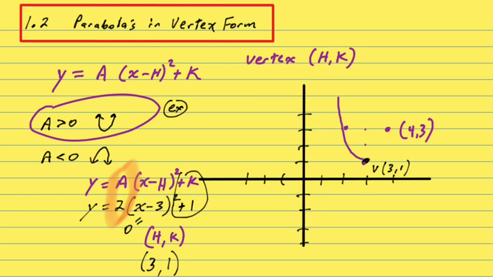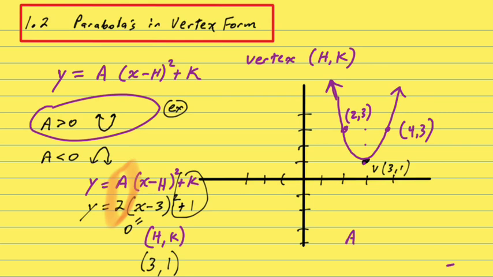So we'd have a parabola like this. I usually ask for the vertex and 2 symmetric points. If I went 1 to the left from 3, I would be at 2, and I would have the same y value, 3 here. Anyway, that's an example of a parabola in vertex form.